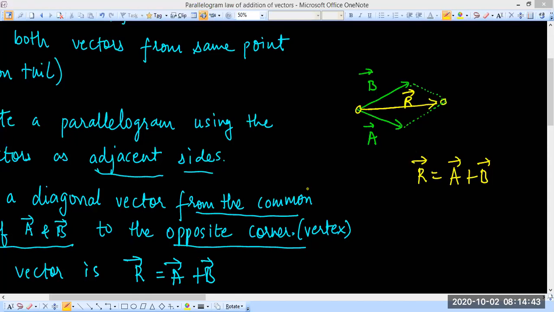Let's have a look. I'm going to change the page. Okay, fine, there we go. So let's see how this is same actually as triangle law. To understand that, you need to understand one sentence.